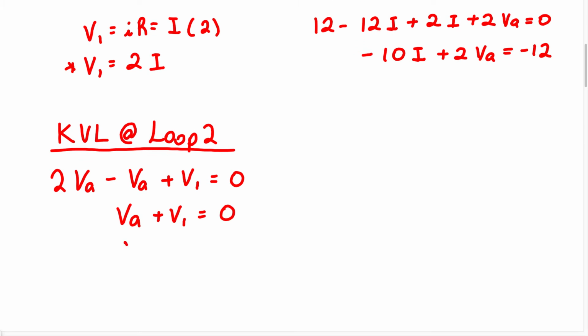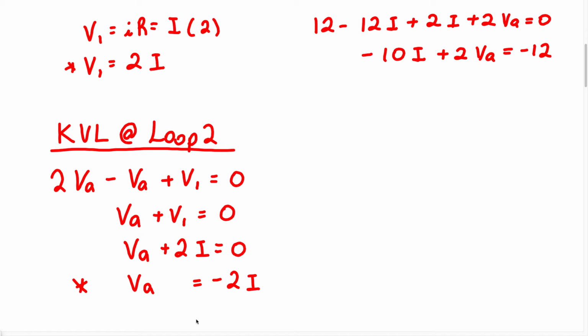I'm going to write this as VA plus 2I equals 0. So let's solve the equation for VA. I can say VA equals negative 2I. Now this may be very important to us, so we want to keep it here. We're just going to mark that equation.